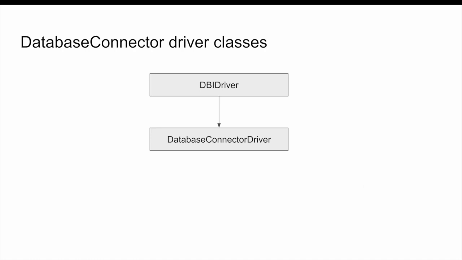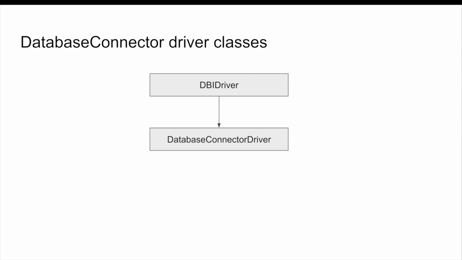Here we're looking at the database connector driver classes. There is one driver class in database connector called database connector driver, and it inherits from DBI driver, which is defined in the DBI package.